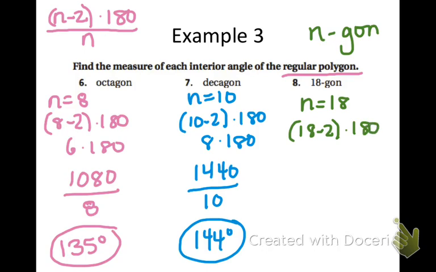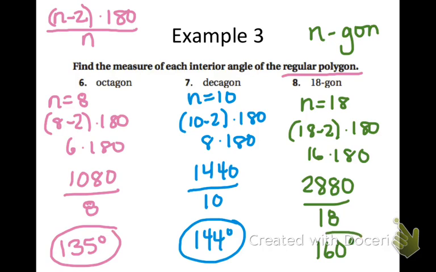You'll get 16 times 180 for the total sum of all the angles added together, 2,880. And to find one measure in a regular 18-gon, we know they're all equal to each other. We can take that divided by 18. So each angle is obtuse. This is where it becomes more and more difficult to draw these polygons.